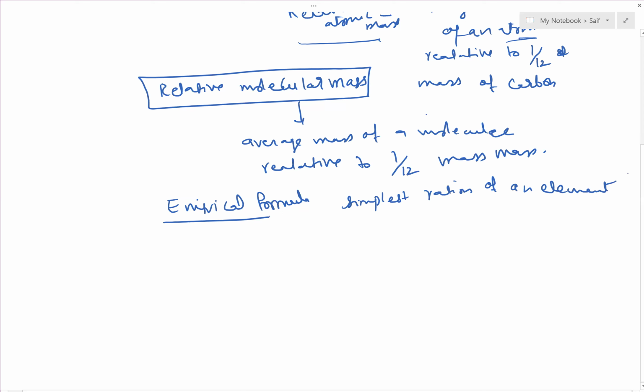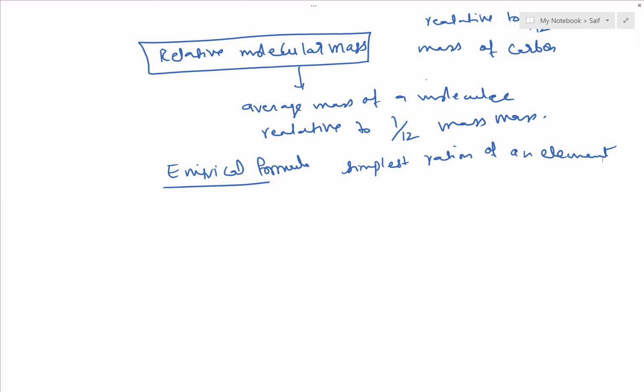Let's suppose I'm writing just one of the numericals so we can solve it out.